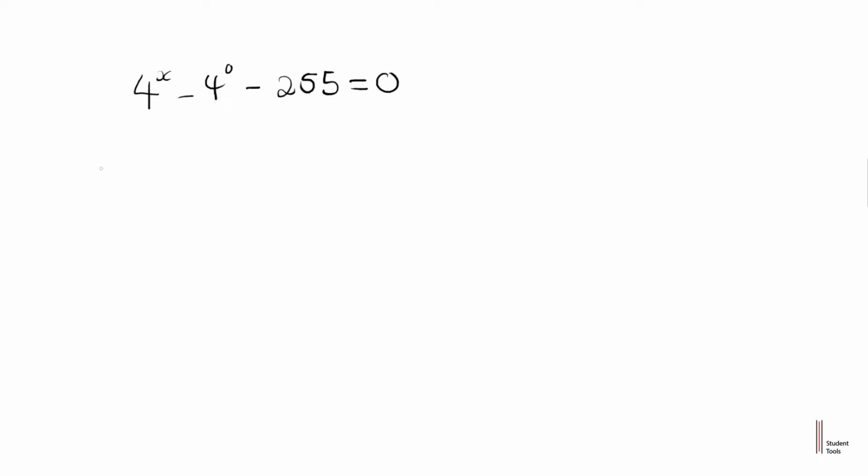So first step is we have 4 to the power x. There's nothing we can do about that. And that is minus 4 to the power 0. Anything to the power 0 is equal to 1. So we have a 1 over here, and we bring the minus 255 over here.